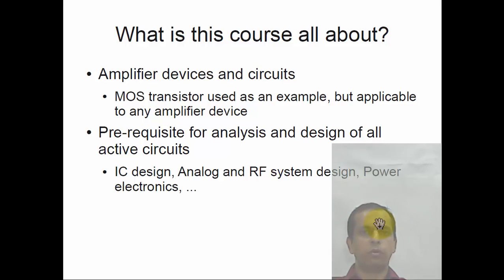All of them, once you understand the model, can be understood, analyzed and designed using the principles you learn from this course. So, tomorrow let us say if someone invents a different technology, you have a different type of transistor or a different type of amplifying device, you should still be able to analyze circuits using them and also design circuits using them.